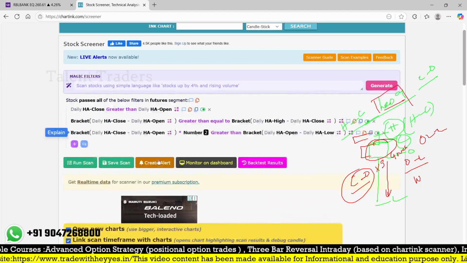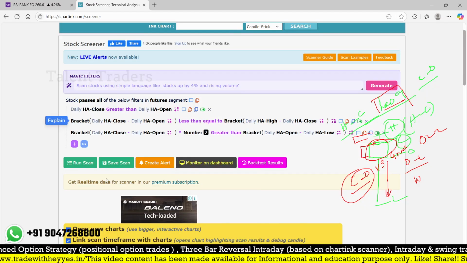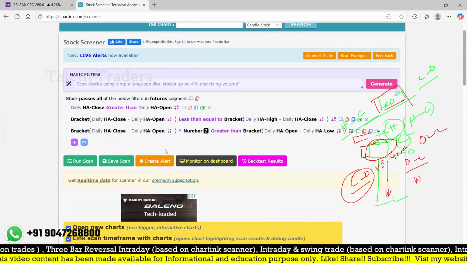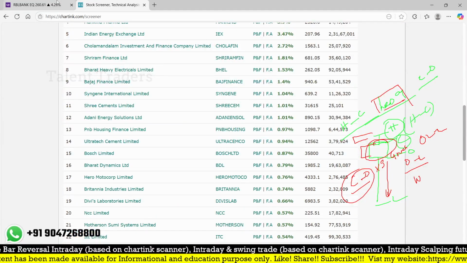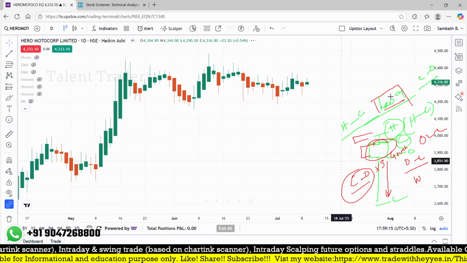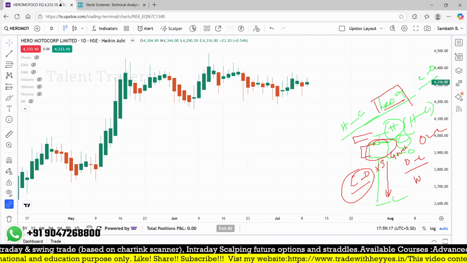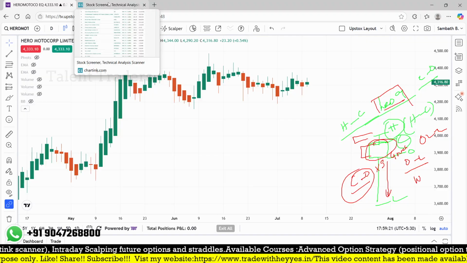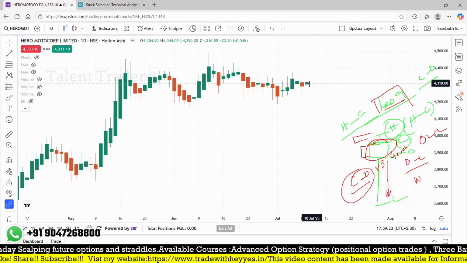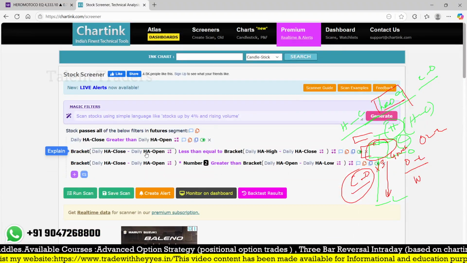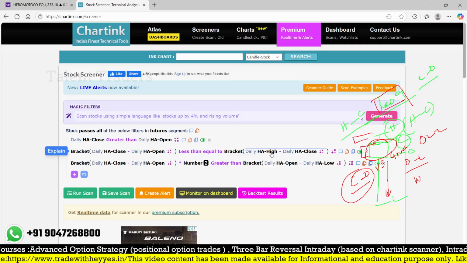So I change that to less than or equal to, let me run this. So the body of that particular case is less than or equal to open minus low.